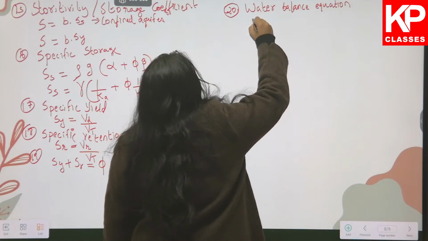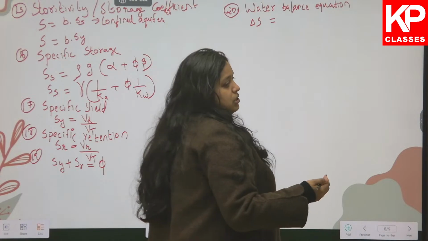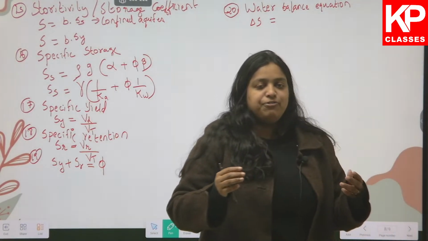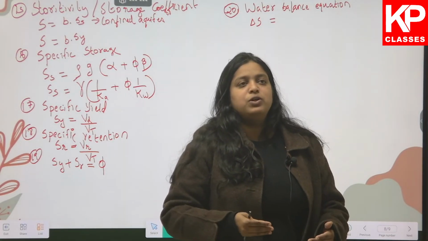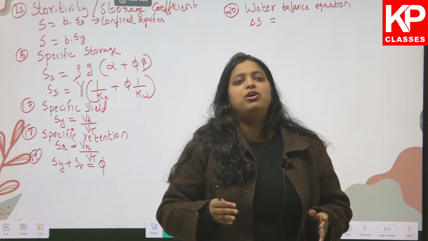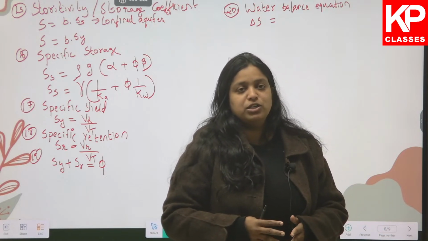It defines the change in storage in a water unit. If I am considering a lake, then in January we consider how much volume of water is present in the particular water source.